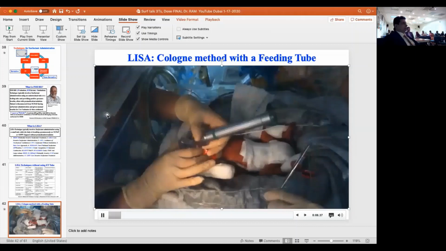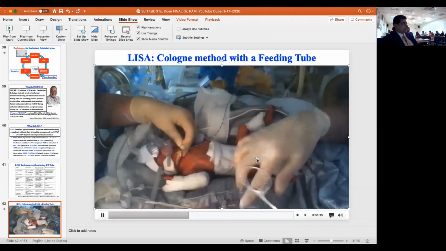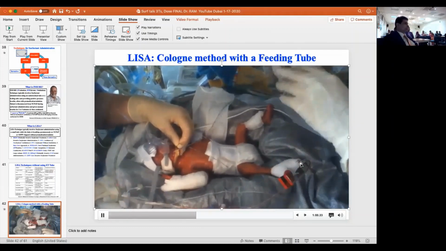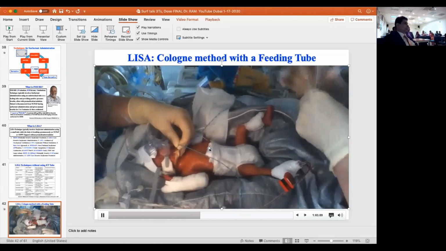You can see that caffeine is given, increasing the respiratory effect, through giving surfactant.